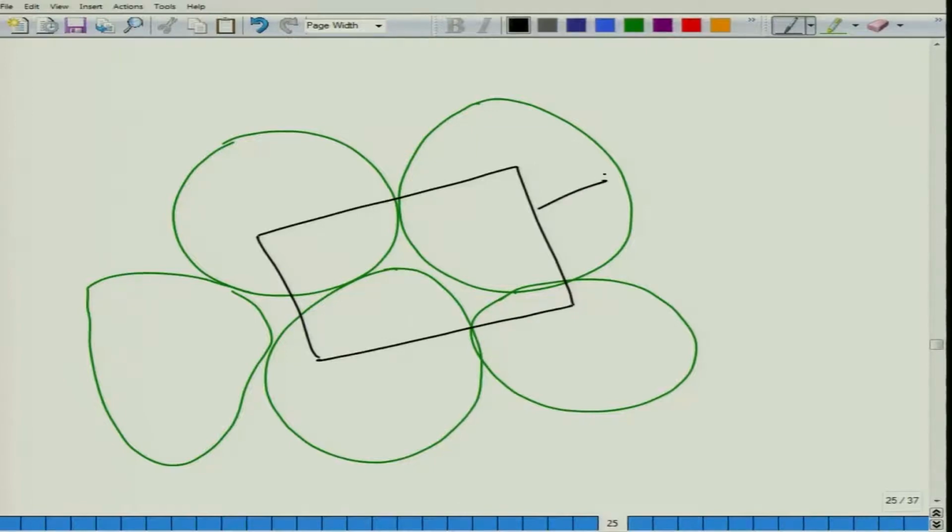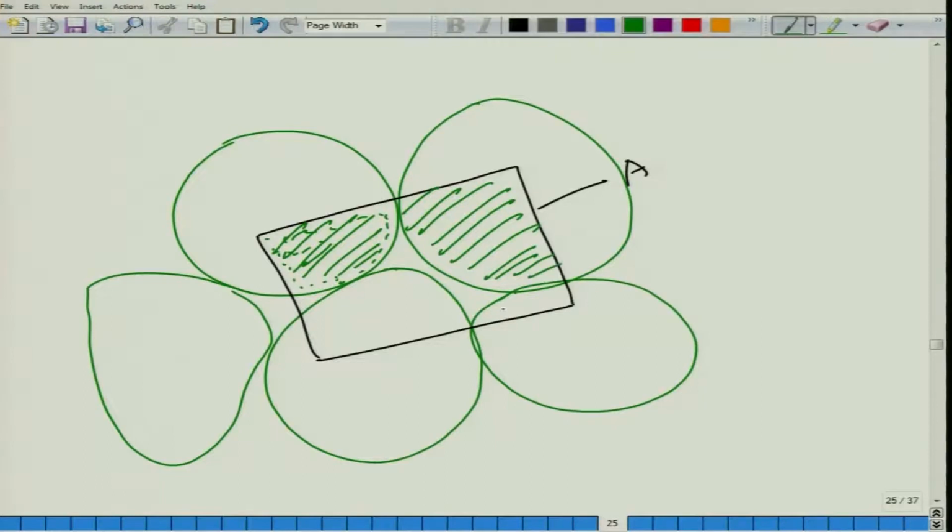The area of your sample is, suppose, capital A. The area of the sample that is occupied by the canopies is given by this area plus this area plus this area plus this area.